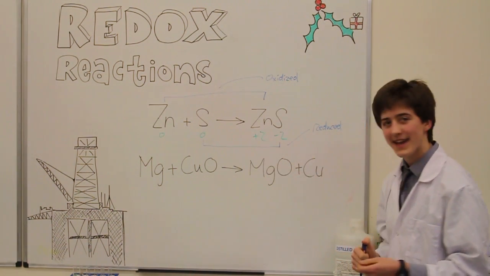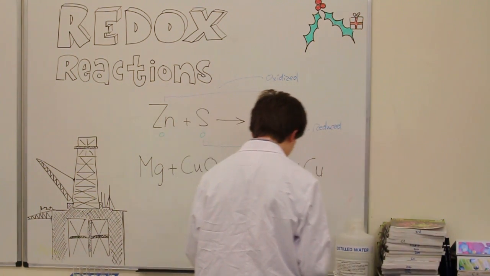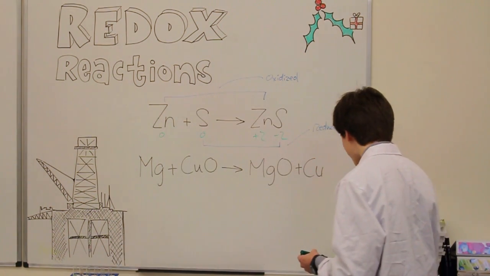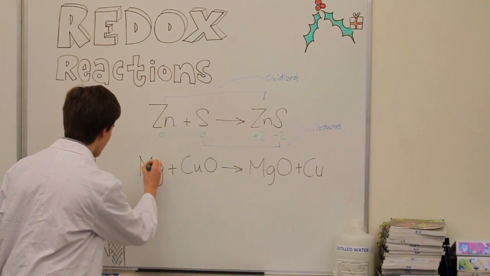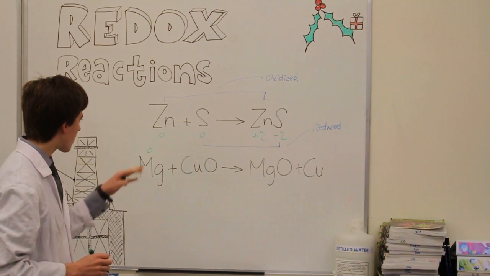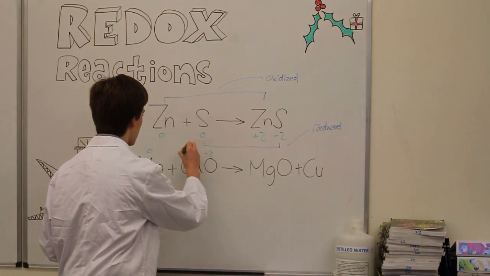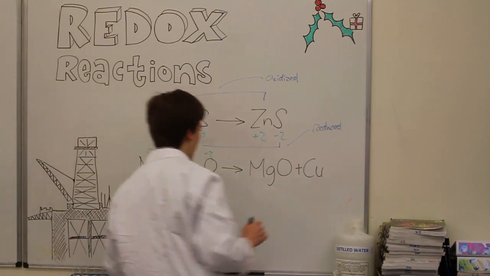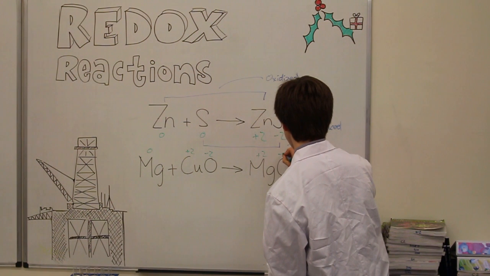We can equally look at our second example here. We have magnesium, which, as it's an element, has oxidation number 0. If we look at copper oxide, we know oxygen is going to be -2, therefore copper is going to be +2. And then if we look over here, this is going to have switched, so this will be +2, and now this stays -2.